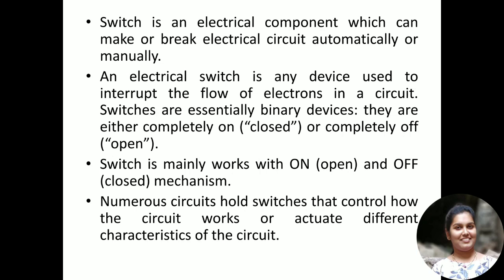So a switch is an electrical component which can make or break an electrical circuit either automatically or manually. So here the switch can be a manually operated type. The manually operated switch is generally called a mechanical type of switch, where we physically operate the lever so that the switch operation can be observed.